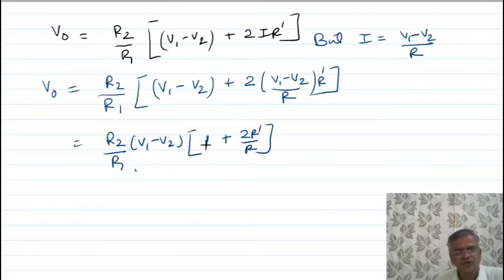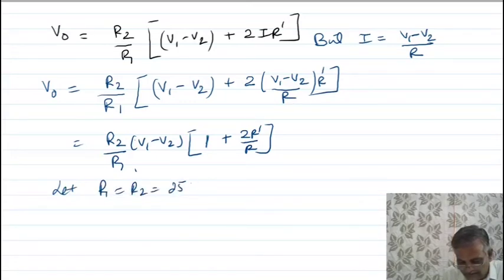Now to explain you, I am taking the value of R2 and R1. Not necessary it should be like this. Remember, to get some clarity, I am taking, suppose R1 is equal to R2 is equal to 25 kilo ohm. R is 50 ohm. R dash is 50 kilo ohm.